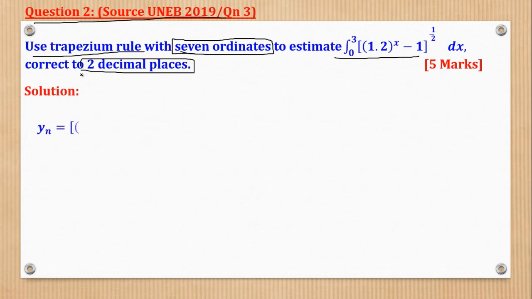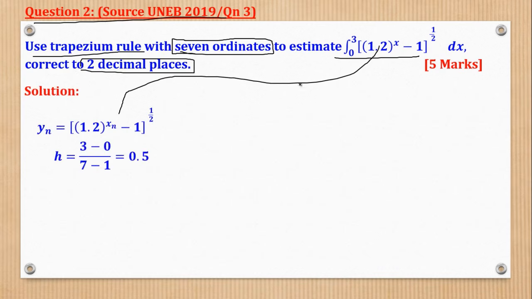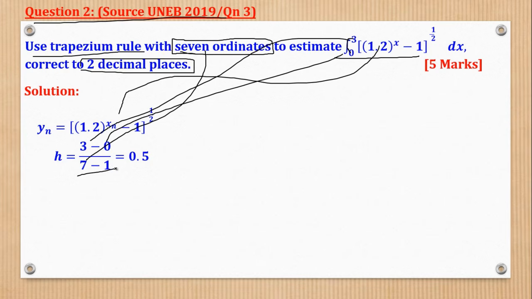The first thing to do is to remember that the value of y is this function which is given, and the strip width is got by getting the difference of these limits, upper limit minus lower limit, over number of ordinates minus 1. Remember I said when they give you ordinates you have to remember to subtract off 1. So this is an exact decimal, which is 0.5.